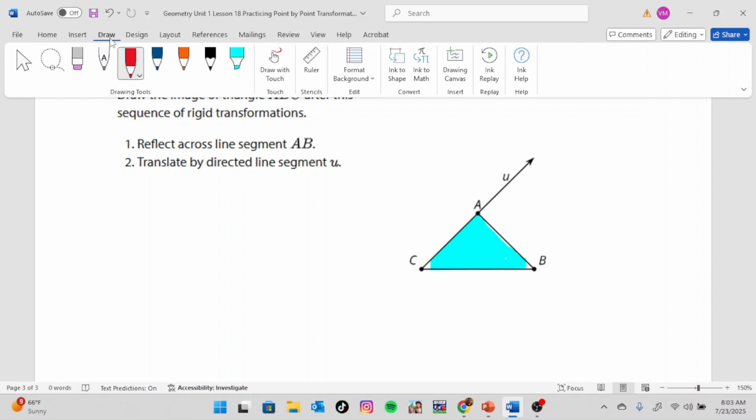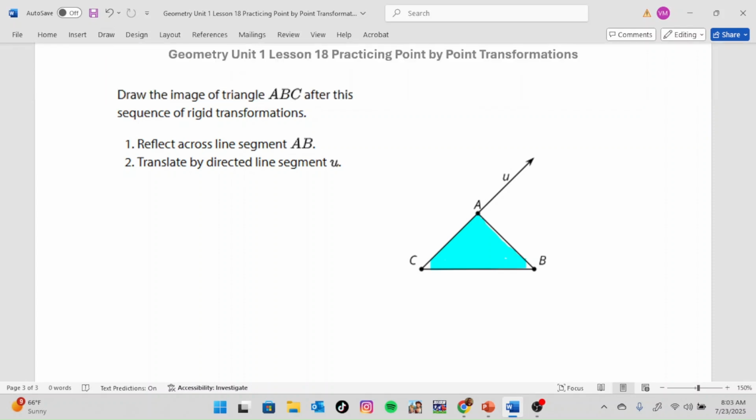So, number 1, reflect across line segment AB. So if this is line segment AB, then when we reflect this triangle over, we're going to end up with C prime up here, and then here is our triangle.